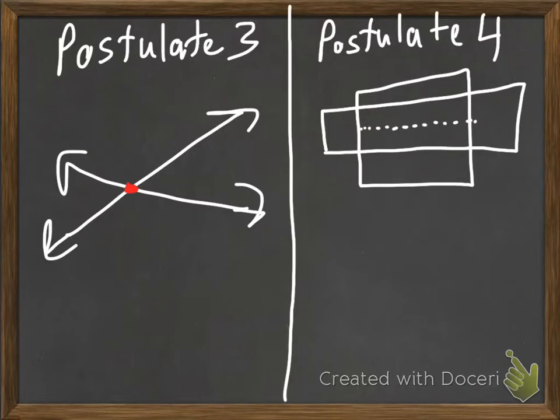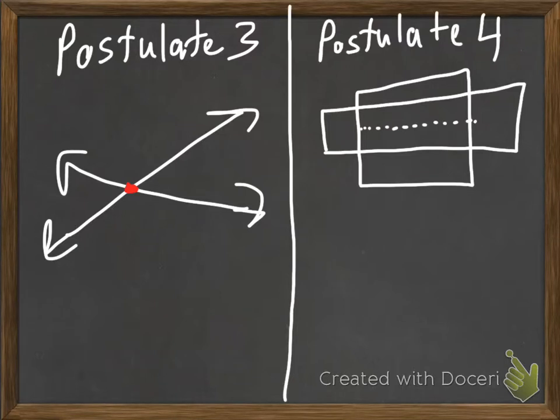Now I want you to look over at postulate 4. Here we have two planes that are intersecting. So I want you to pause the video and think about what's created when these two planes intersect. Okay. Now, from what we know about planes, they're a bit different. They're bigger than lines. They have a bigger dimension.